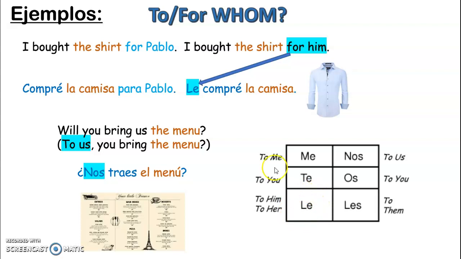It becomes le compré la camisa. For him, I bought the shirt. Before the conjugated verb. Another example, will you bring us the menu? In Spanish, you ask to us, you bring the menu. So to us would be nos, goes before the conjugated verb. Nos traes el menú.